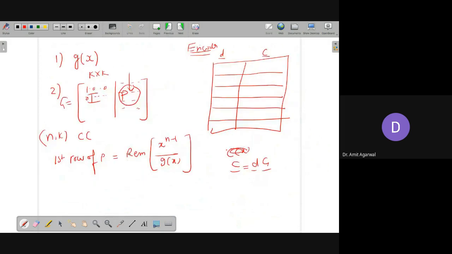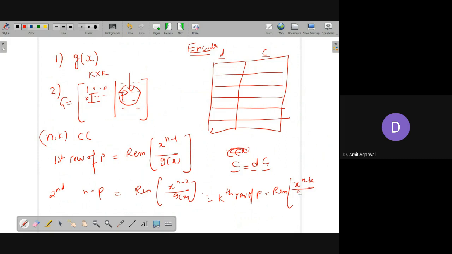So the first row of P is the remainder of x to the power n minus 1 divided by g(x). The second row of P is the remainder of x to the power n minus 2 divided by g(x). Up to the kth row of P, that is the remainder of x to the power n minus k divided by g(x).